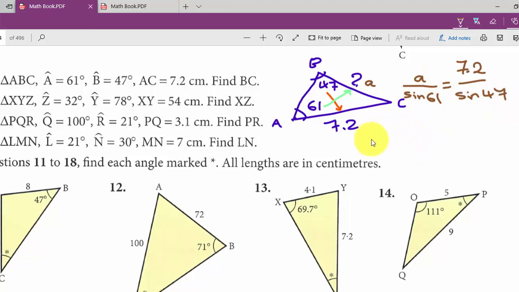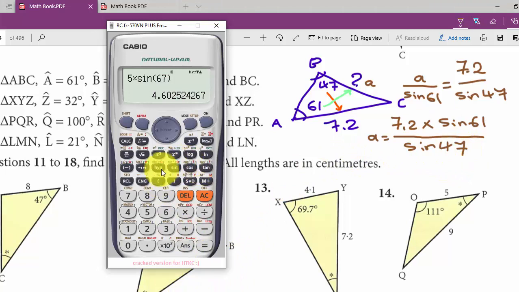Then to find A, we say 7.2 times sine of 61, and this result over sine of 47. Now let's type this in the calculator and get the length of A small, or as the question says, the length of BC.